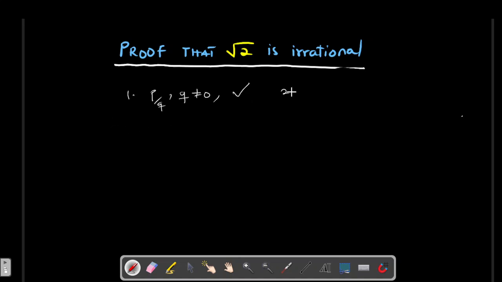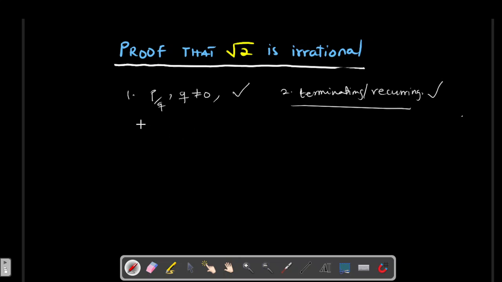Number two, in its decimal representation, it should be neither terminating nor recurring as seen in rational numbers. So these are the two major conditions that a number must satisfy in order to be an irrational number.